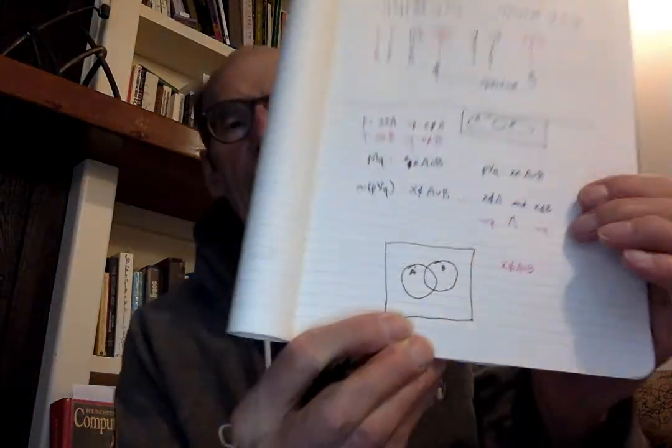Let me see if I can color these in. This is always a little dangerous. I have a set A and a set B, and they exist in some universe. If x is not in the union, that's going to be the part that I'm coloring in pink. Everything that is in neither A nor B is pink here.